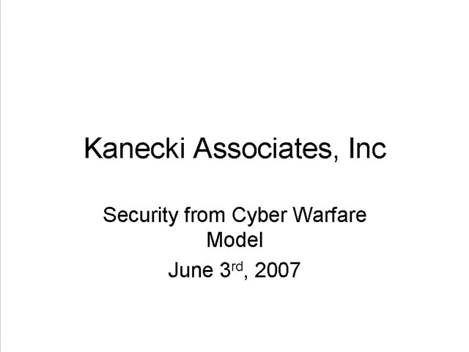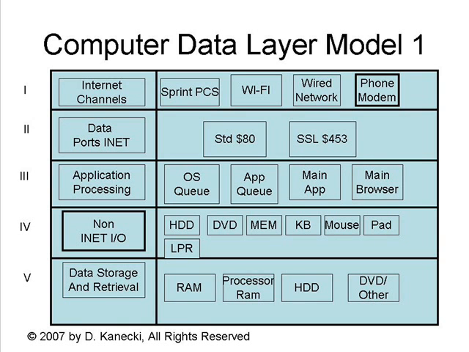Now, in the first analysis coming up, we look at the computer system model. In the computer system model, there are 5 layers.